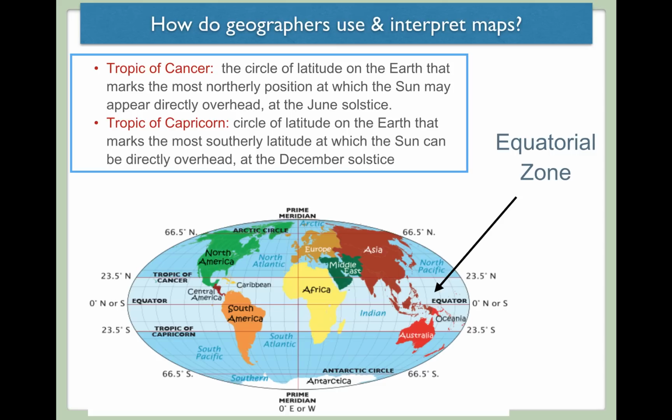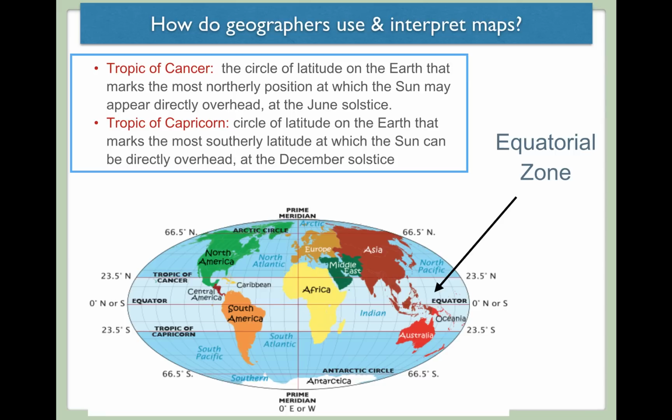I'm going to give you the definition for Tropic of Capricorn, and then we'll actually break it down and understand what that means. Tropic of Capricorn is the circle of latitude on the Earth that marks the southerly latitude at which the sun can be directly overhead at the December solstice. If you notice on the graphic, 23.5 degrees north, 23.5 degrees south latitude, that comprises an area of the world that's known as the equatorial zone.